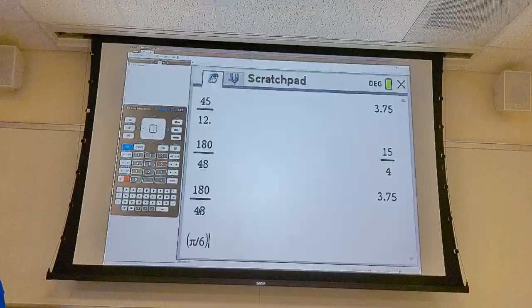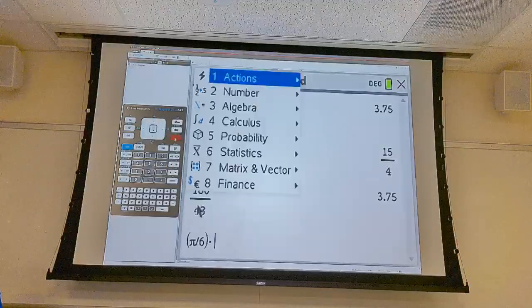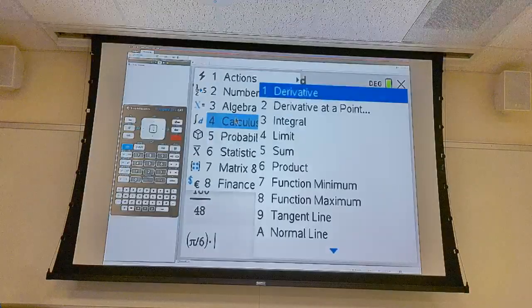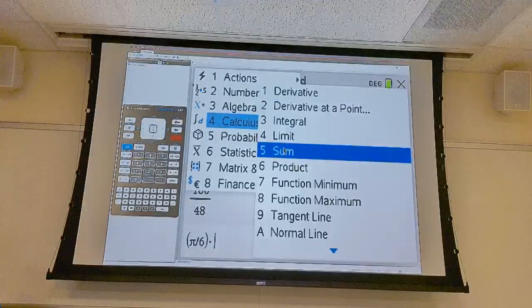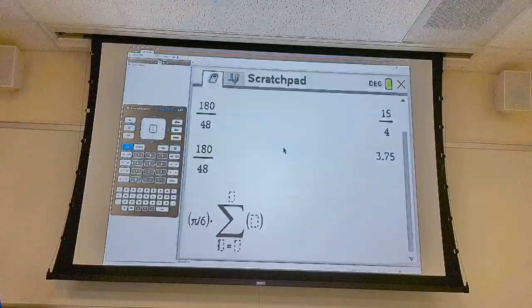And I'll just put that in parentheses. Times sum. You want to remember the menu. Calculus. Sum. And notice it's going to lay it out nicely for you.